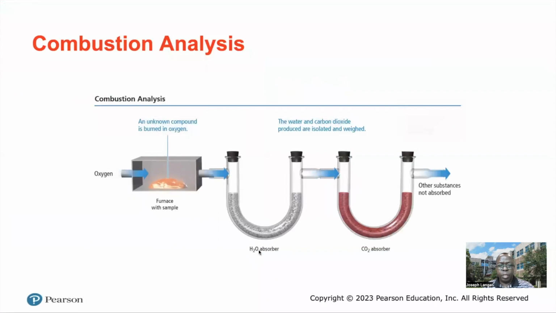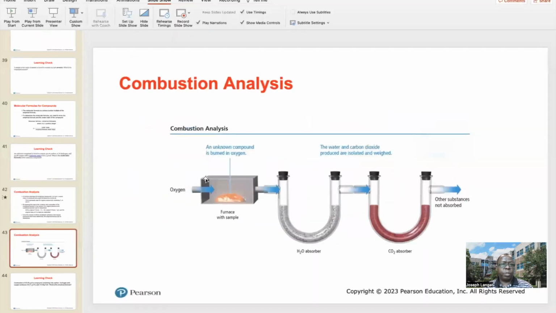And then there is the CO2, H2O absorber. We can weigh the mass before and after to know the mass of the CO2 absorbed, and likewise for the H2O, so that we determine the masses produced. From here, we can determine the empirical formula for the compound.